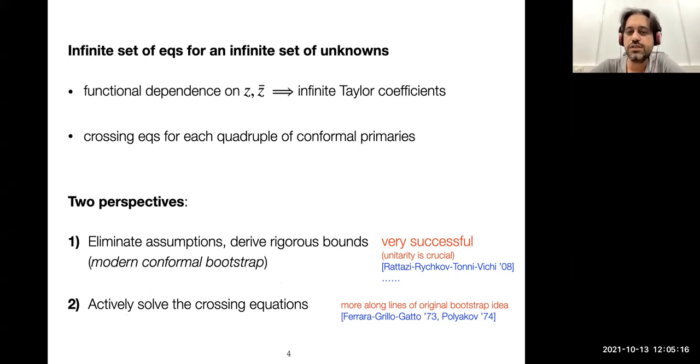Also, if we want to reduce this to algebraic equations, to algebraic constraints, then we have to reduce this functional dependence on Z and Z bar, or U and V, into specific algebraic constraints.